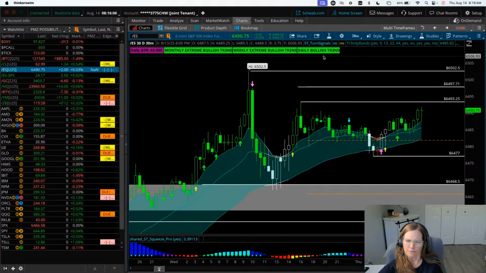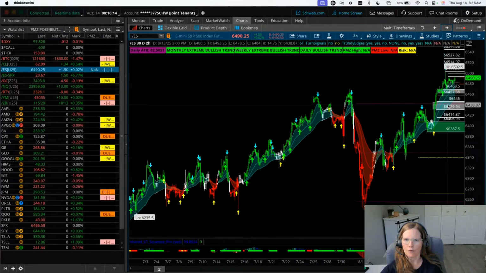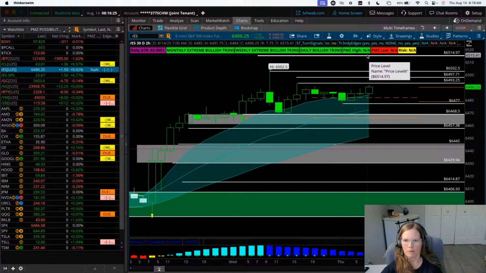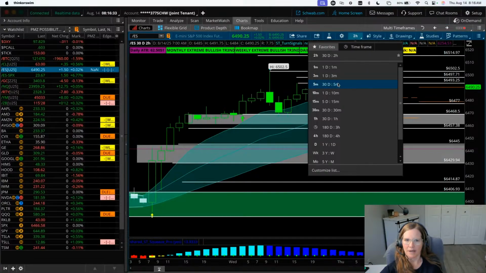Now, 5 minutes before the bell rings, we're going to get a PMZ. But before that happens, I have labels up top here that will give me PMZ values. All right. So I can trade this if I were trading futures pre market even before the bell rings.